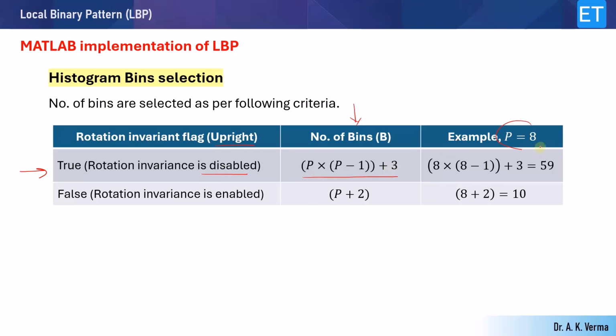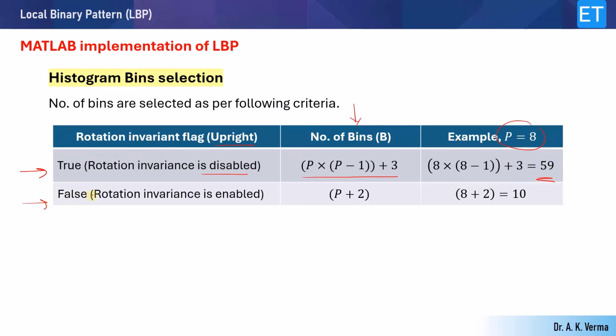So for example, with the standard 3 by 3 neighborhood, the number of neighbors is 8. So 8 into 8 minus 1 plus 3, 8 into 7 plus 3, that is 59. So by default, without rotation invariance, you get 59 bins in your LBP feature vector.